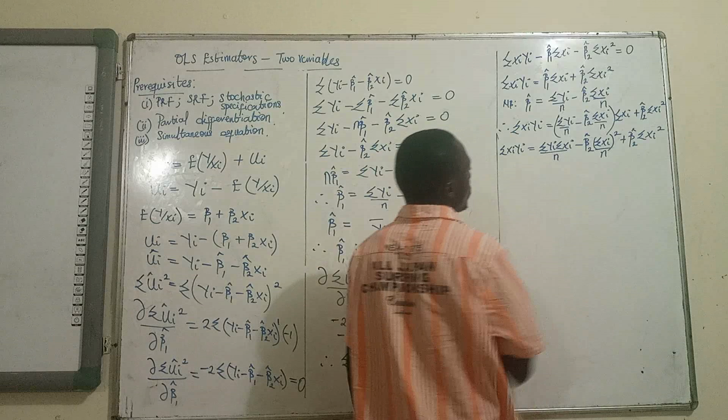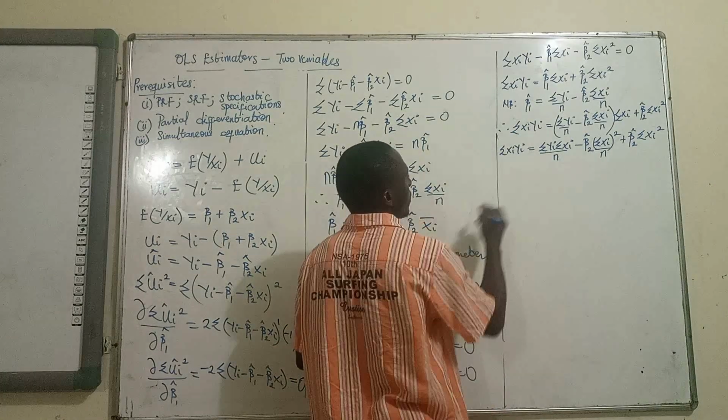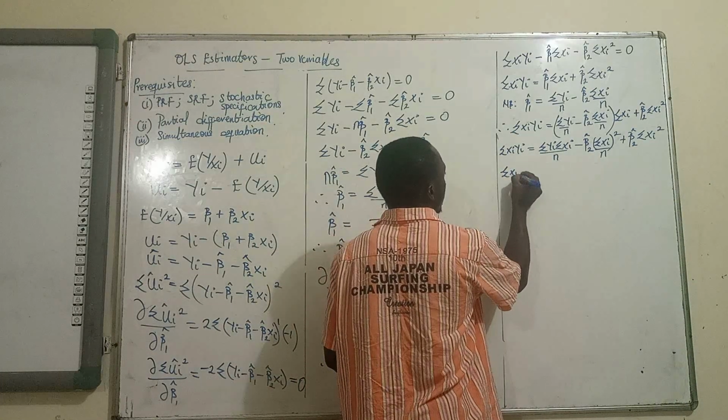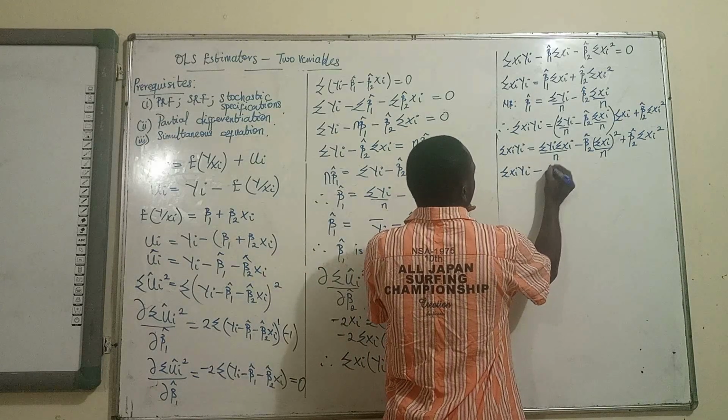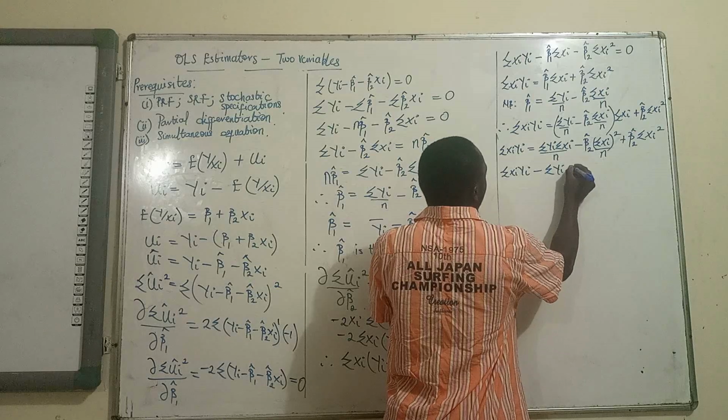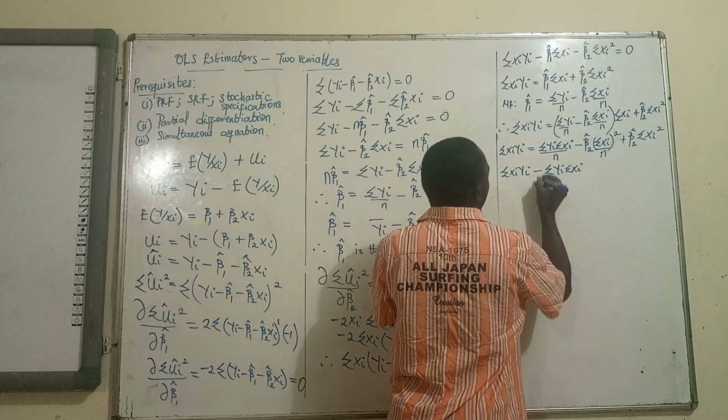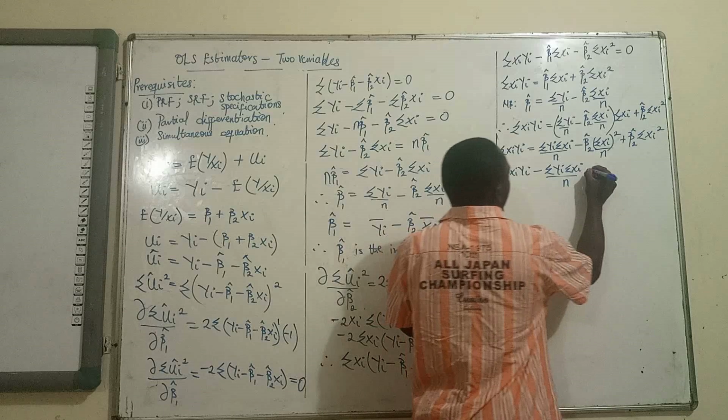So let's collect the like terms. We'll bring this guy here, so we have summation xi yi. Let's bring our friend here to this side: minus summation yi summation xi all over n equals.